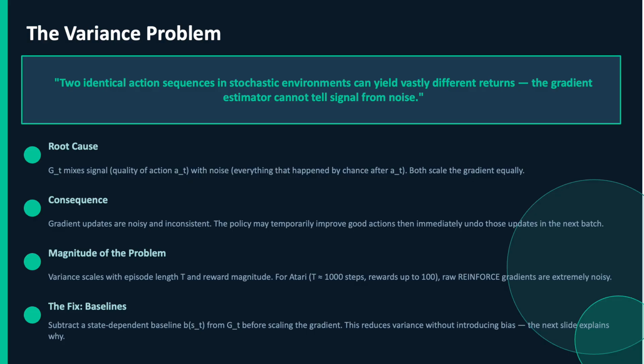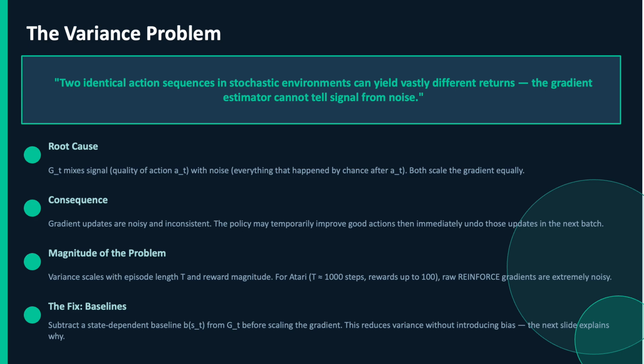Variance is the central practical obstacle to making REINFORCE work. The gradient estimator takes G_t, the return from a specific time step in a specific episode, and scales the log probability gradient by it.